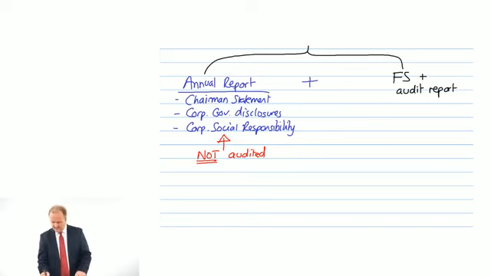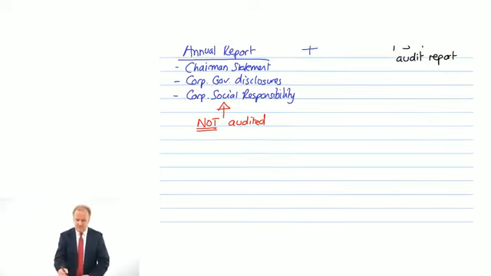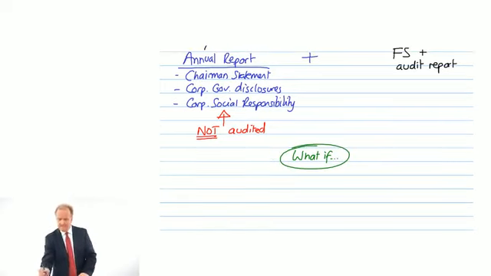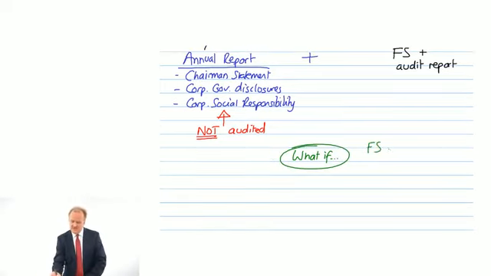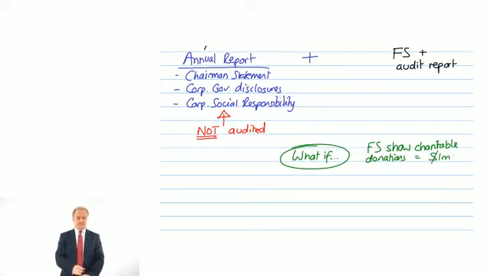And maybe the best way to deal with this is with an example. So what if the financial statements show, let's have charitable donations of $1 million during the year.